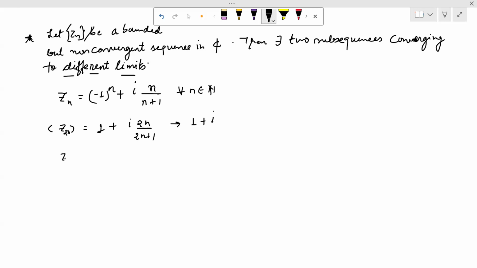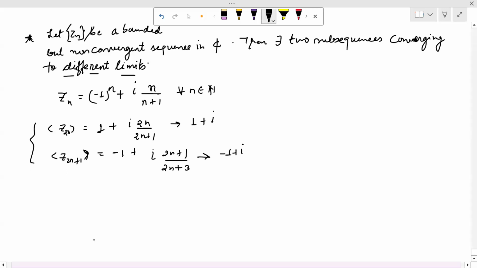Also see z2n plus 1, what it is equal to. It will be equal to minus 1 plus iota (2n plus 1) divided by (2n plus 3), and certainly it will tend towards minus 1 plus iota. So one can clearly understand that zn is not convergent.